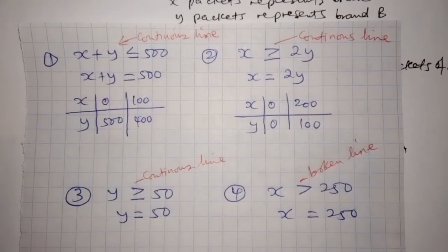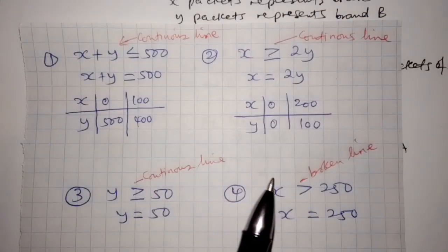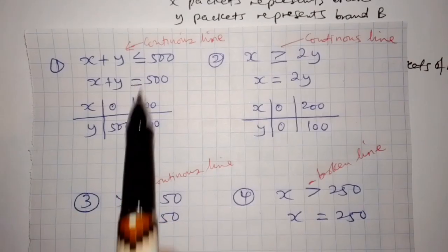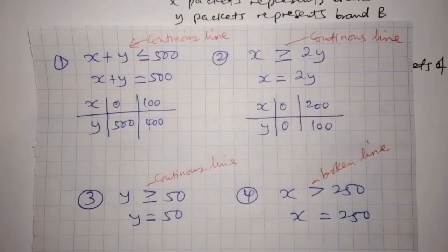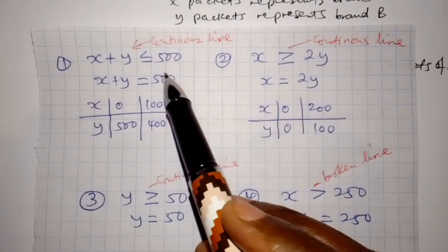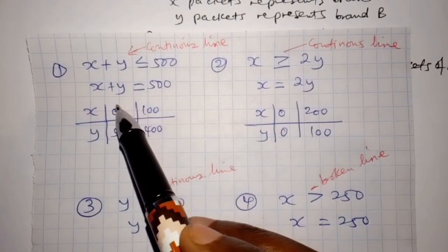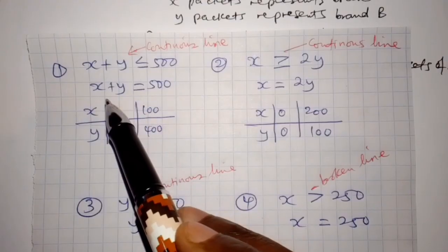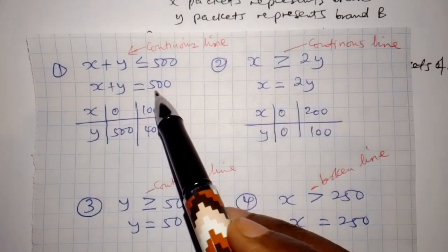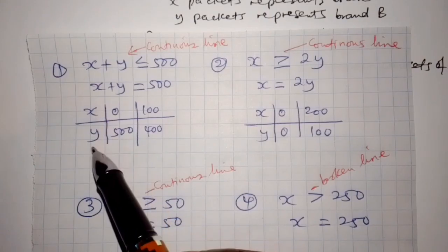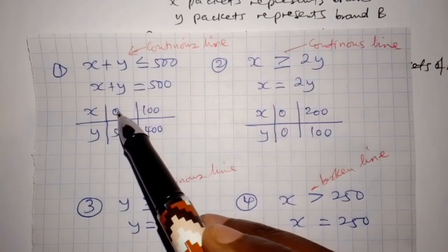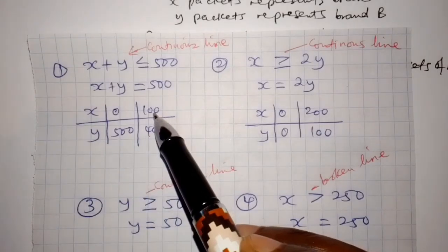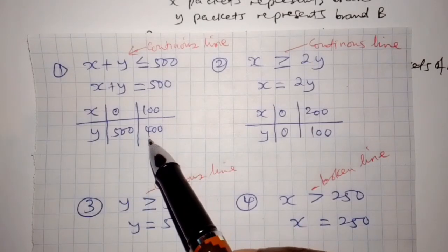For X plus Y is less than or equal to 500, we draw the line X plus Y is equal to 500. This is X, this is Y. When X is 0, Y is 500. When X is 100, Y is 400.